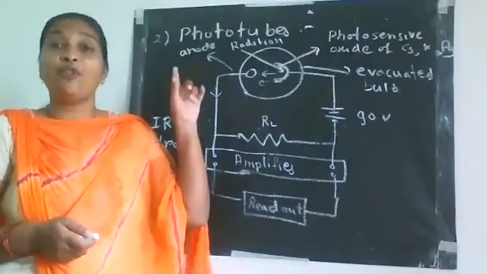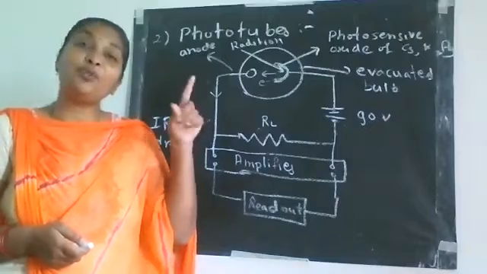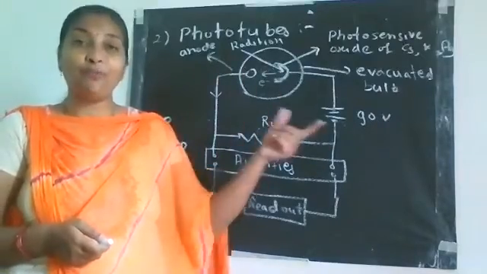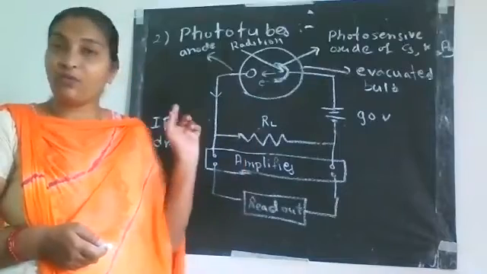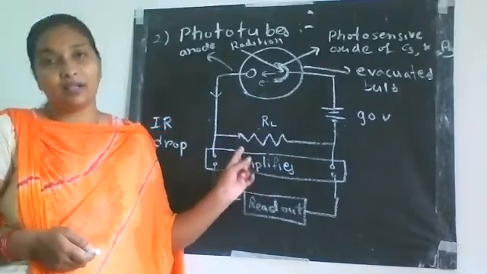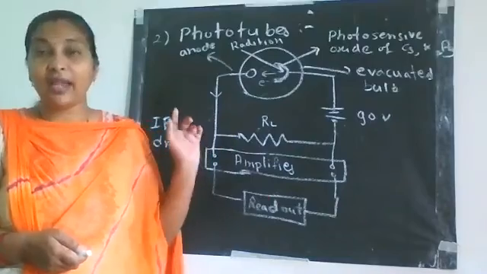In photovoltaic cell, it was difficult to amplify the signal. Why? Because internal resistance was low. But in this case, internal resistance is high, and therefore it is easy to amplify the current. Okay, so this is the advantage.